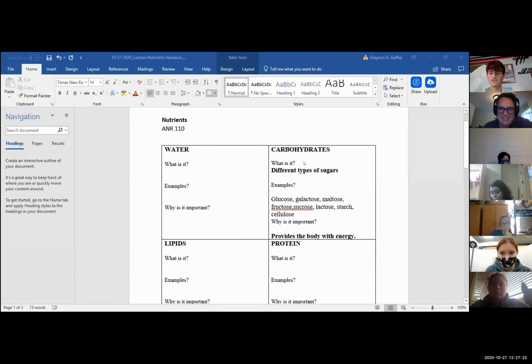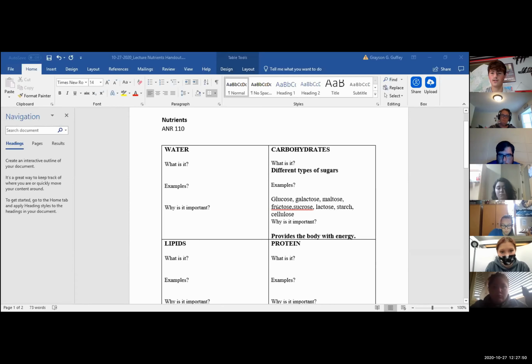Cool. Carbohydrates. What is it? Well, it's different types of sugar. Few examples, we've got glucose, lactose, maltose, fructose, sucrose, lactose, starch, and cellulose. A lot of those are really important in different foods that we've got, like, for example, fructose.